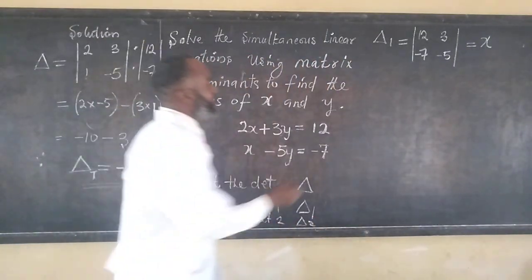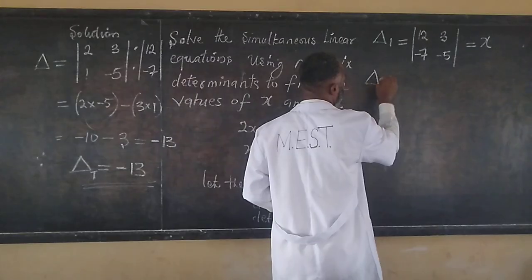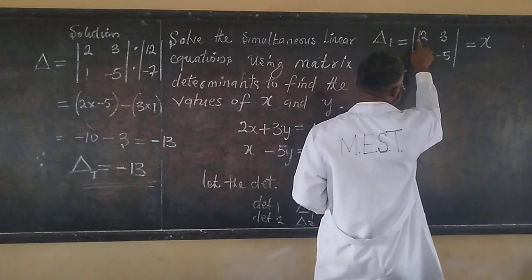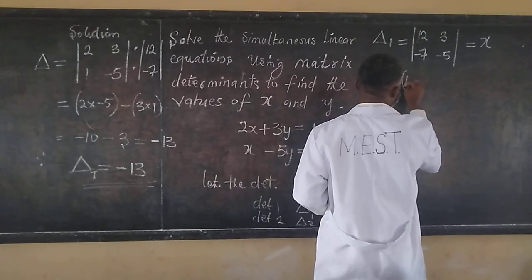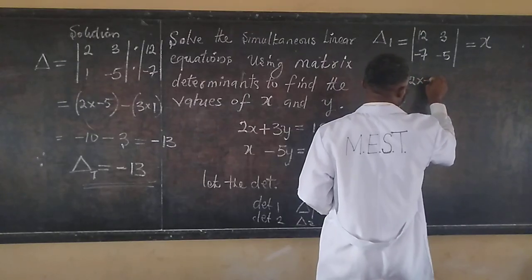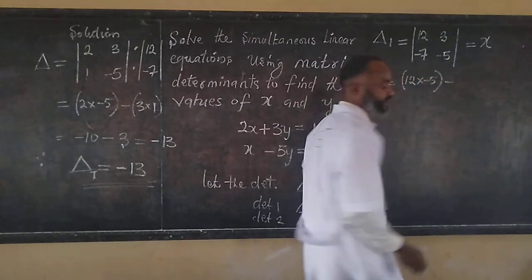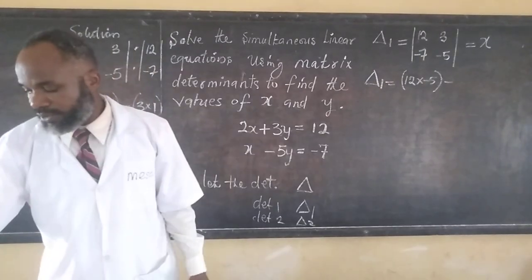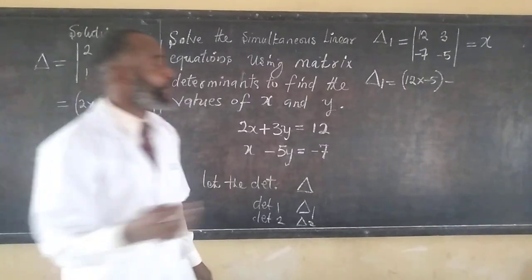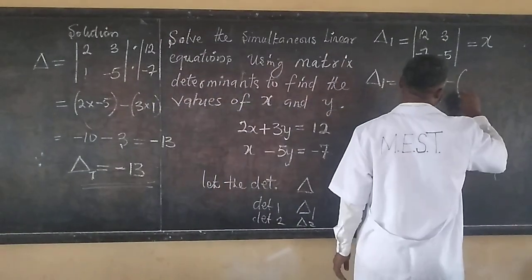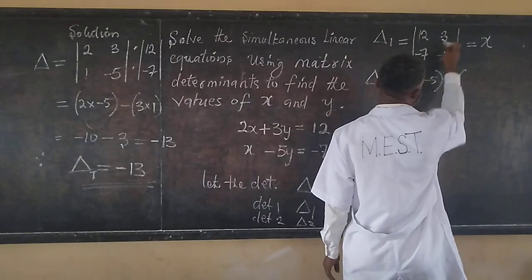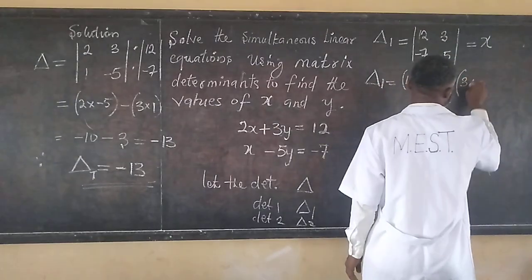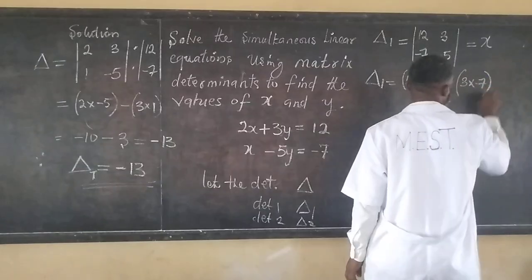So we find determinant 1 this way. Bracket open, 12 times minus 5, bracket close, minus, then we open bracket again, 3 times minus 7, bracket close.